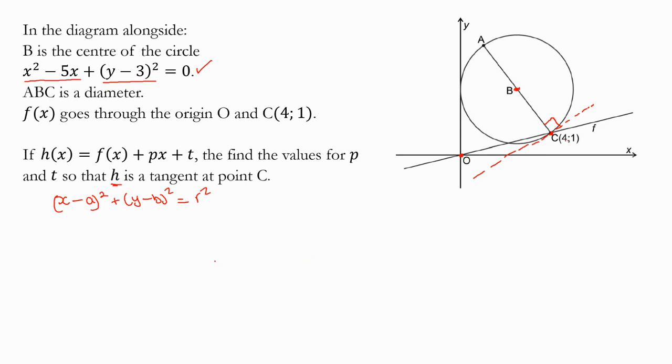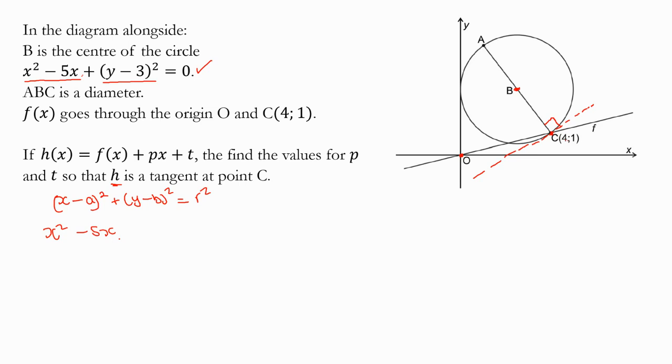By the way, how do we complete the square? We find half of the coefficient of x, and then we square it, and then we add and subtract that square. So it becomes x squared minus 5x, and then what is half of negative 5? It is negative 5 over 2. Just leave it as a fraction.